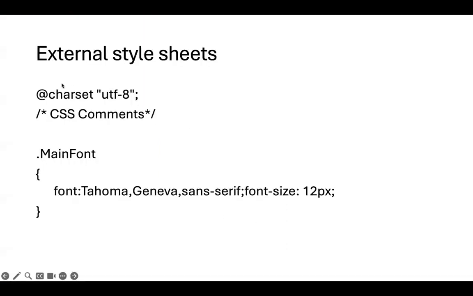So as an example, you need to give this charset UTF-8, and here if you want you can give comments, and here you can use the styles. Within the internal styles we also gave it like this, but it is inside the style tag. But here we are not using any tags. We are just giving the styles like this, right?